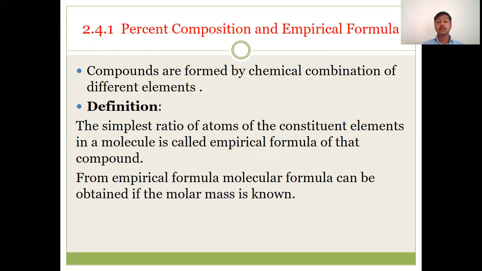Means what? The different elements are also carbon, hydrogen, oxygen, and nitrogen. First of all, the definition of empirical formula is, it is the simplest ratio of atoms of the constituent elements in a molecule, which is called the empirical formula of that compound.